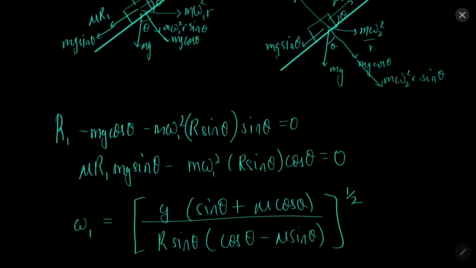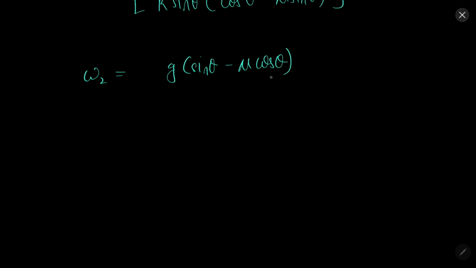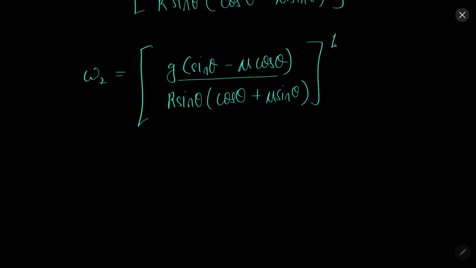And similarly for the second scenario, omega 2 will come out to be g times sin theta minus mu cos theta over r sin theta cos theta plus mu sin theta, to the power 1 by 2.